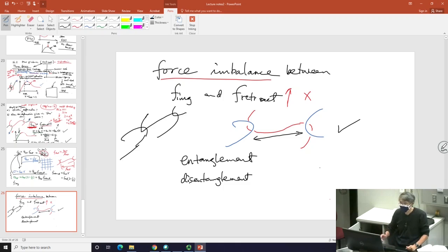When am I unable to stretch? Well, we just said that happens when you have force imbalance. And what does that mean? It cannot stretch further. It means if I move my blue chain further, the blue chain and red chain will slide with each other. So that's what we mean by disentanglement, and that's also what we mean by entanglement, that there was no sliding.